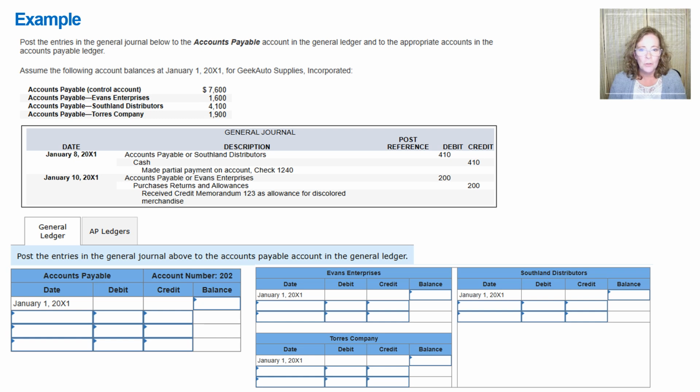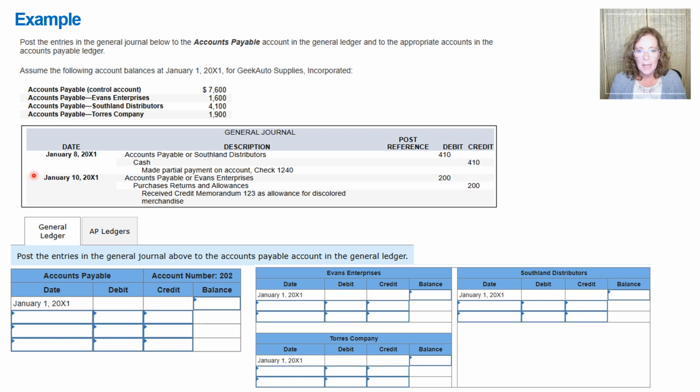Next, we have the general journal with two transactions dated January 8th and January 10th. The January 8th transaction is a payment for Southland Distributors with a debit to accounts payable and a credit to cash for $410.